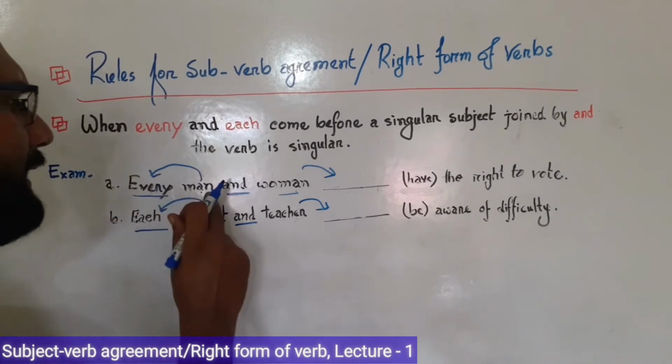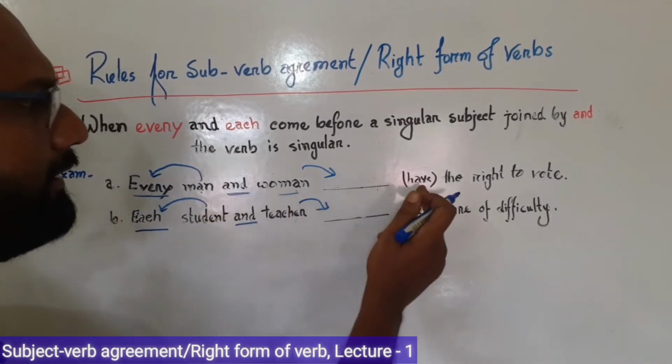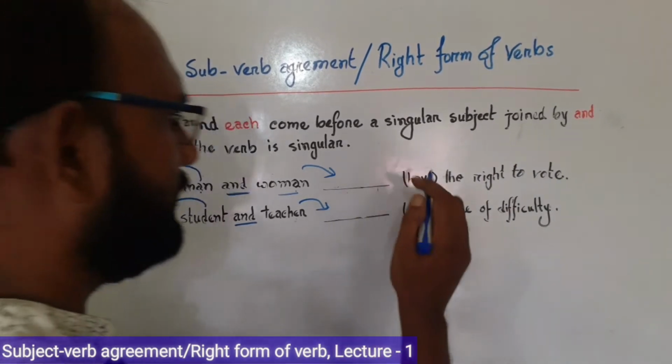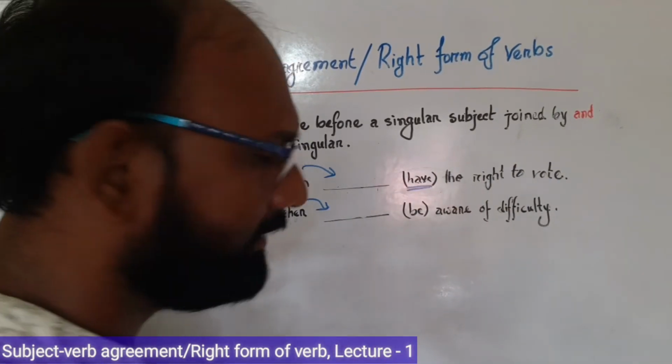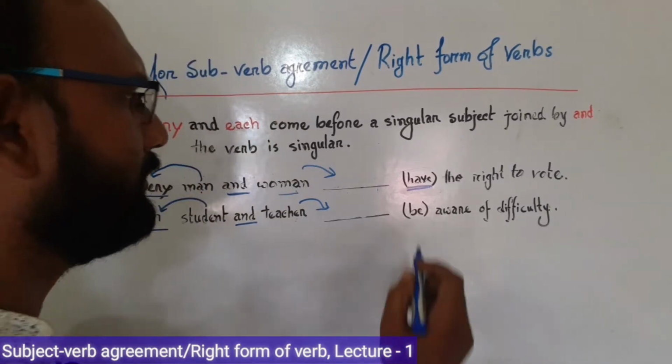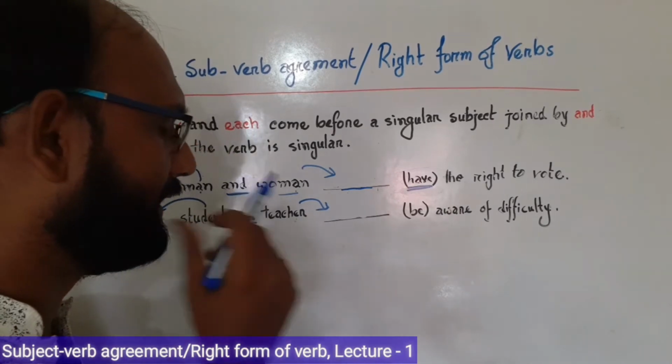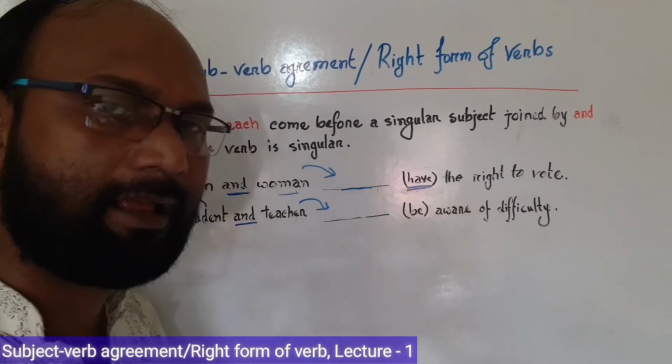Look at this: Every man and woman dash the right to vote. In the bracket is given have, so we will use a singular verb here. Have equals have, has or had.